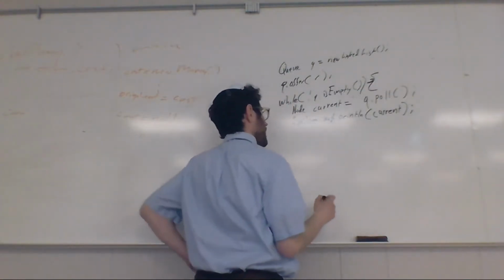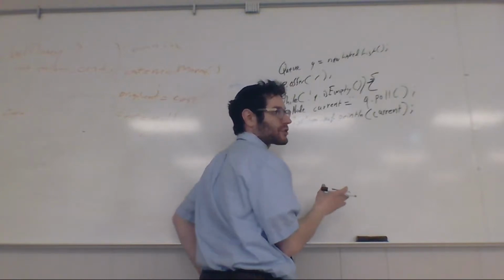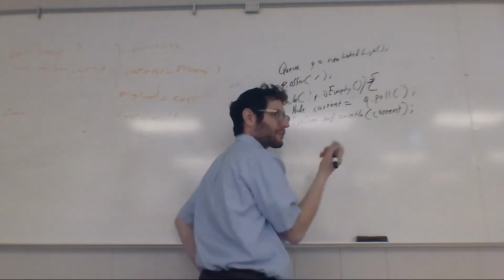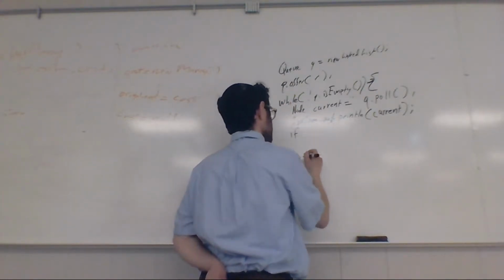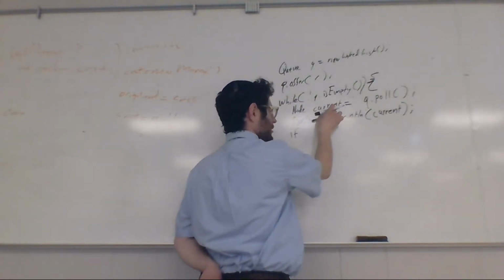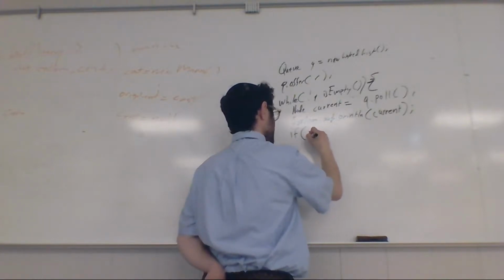Okay, and now what do we need to do? Since we're doing breadth first search, we look at our left child and our right child and we add them to the queue if they exist, because there's a possibility they're nulls, right? So I can either add the nulls and have an if statement over here to handle them, or I'll just do it over here.